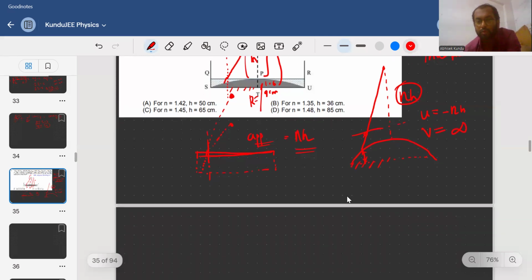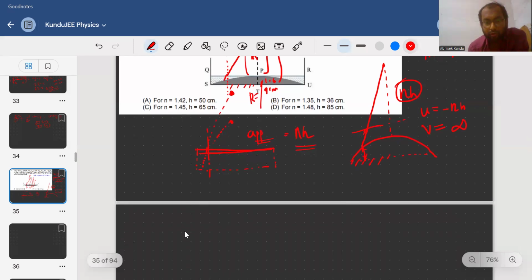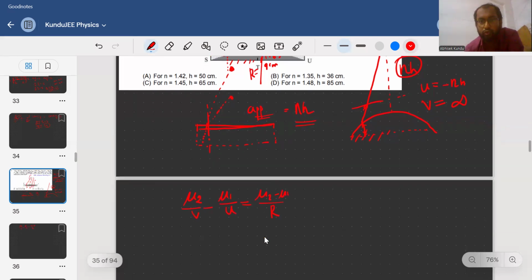Now we'll try to put in the equation. What is the equation for the curved surface refraction? Mu2 by V minus mu1 by U equals mu2 minus mu1 by R. Here R is the radius of curvature for the curved surface. So what is mu2?